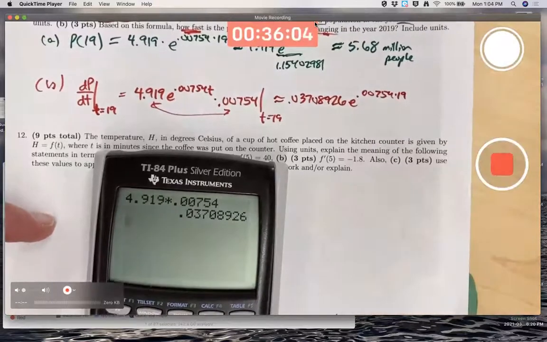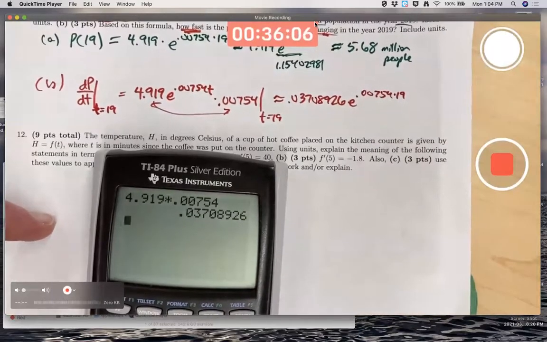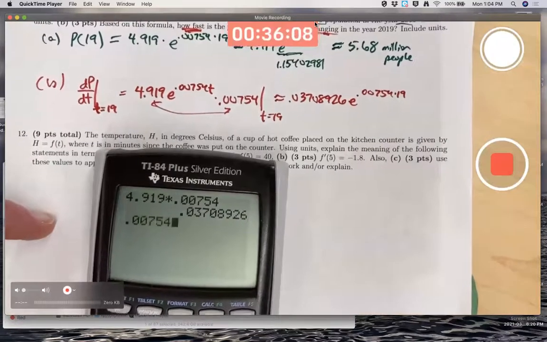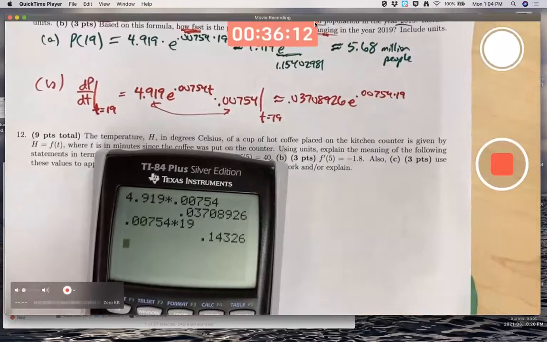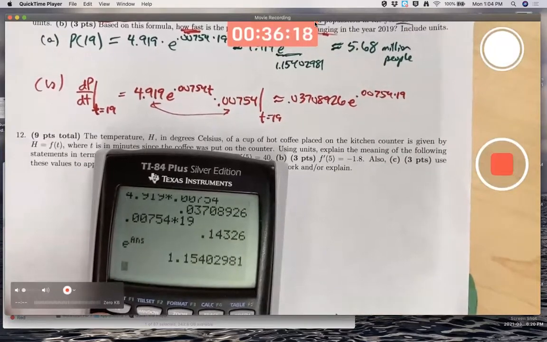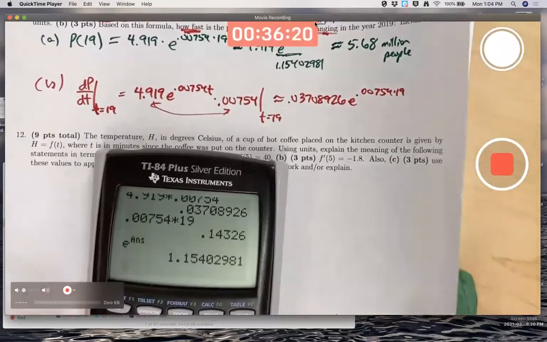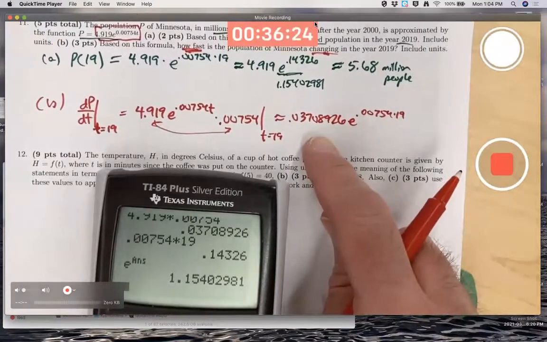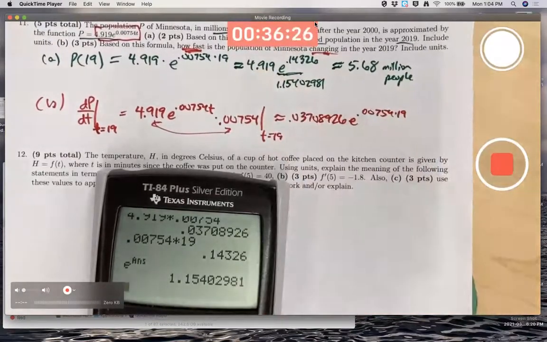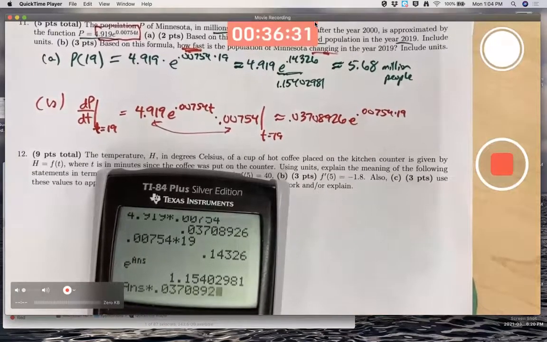Times 19. 0.00754 times 19 again is that. E to that power is that. We did that before. But now I multiply by something different. I multiply by 0.037089 instead of 4.919 times 0.0370896.